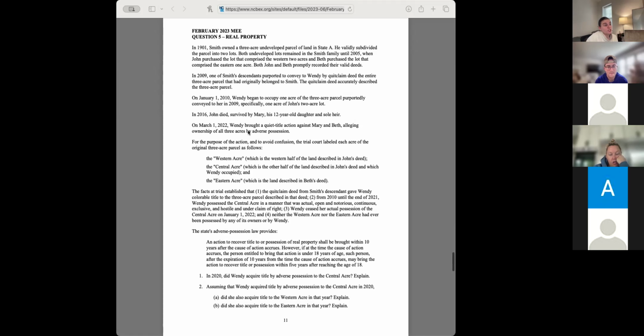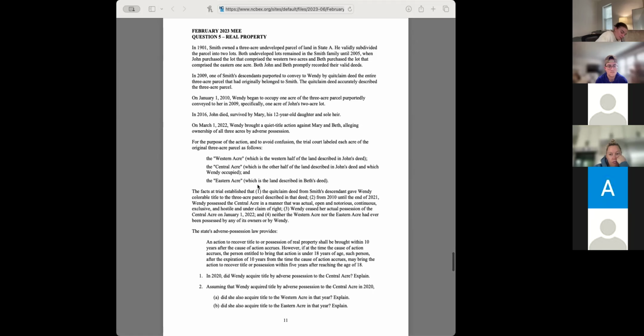On March 1, 2022, Wendy brought a quiet title action against Mary and Beth, alleging ownership of all 3 acres by adverse possession. For the purposes of this action and to avoid confusion, the trial court labeled each acre of the original 3-acre parcel as follows: the western acre, which is the western half of the land described in John's deed, the central acre, which is the other half of the land described in John's deed, which Wendy has occupied, and the eastern acre, which is the land described in Beth's deed, right?